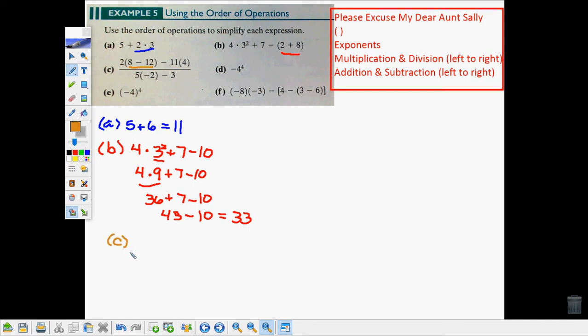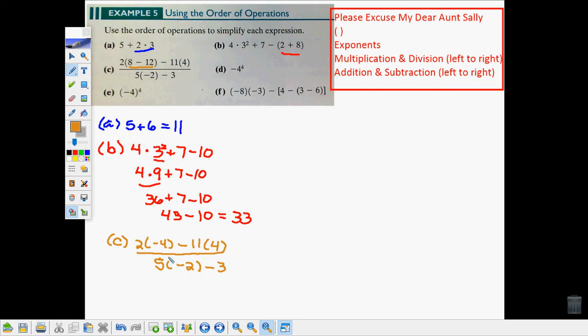Part C, we're going to have 2 times 8 minus 12 is negative 4, so we're going to have a negative 4 in that parenthesis. Minus, this is just 11 times 4. I know it's a parenthesis, but it stands for multiplication. There's nothing in it to complete or clear. We're going to have our last division bar here. And then on bottom, we have 5 times negative 2 minus 3.